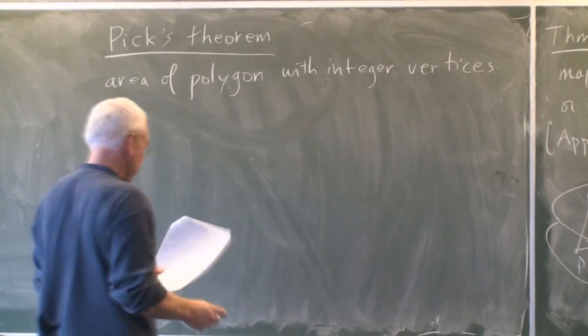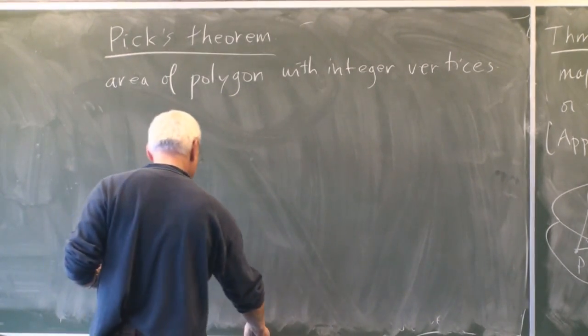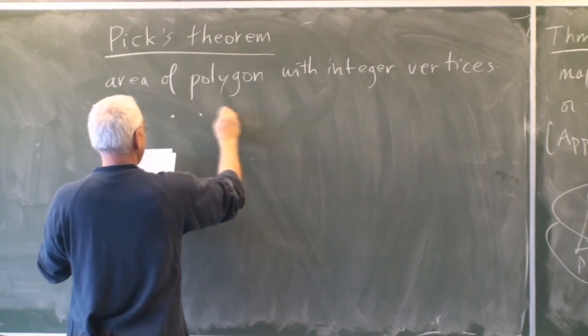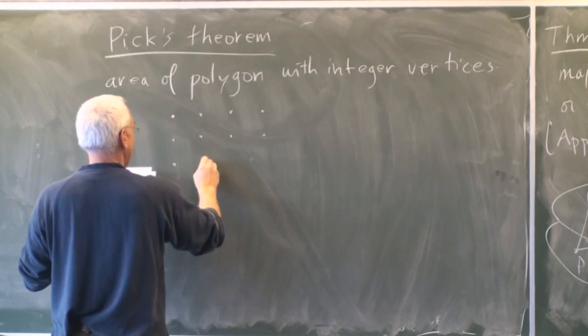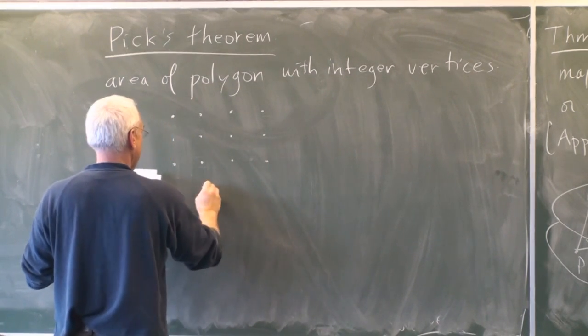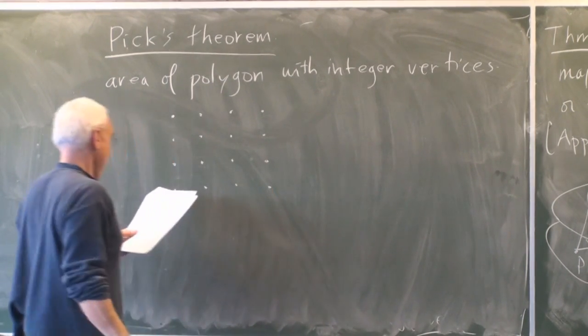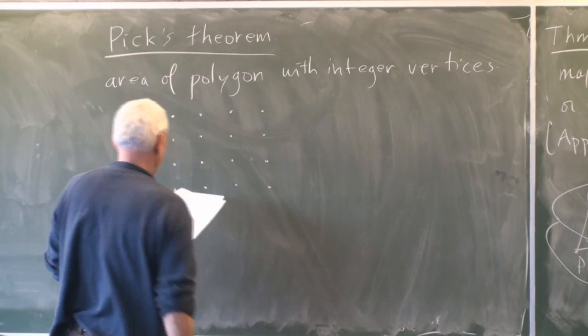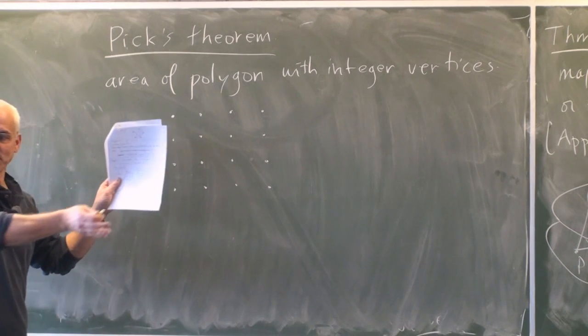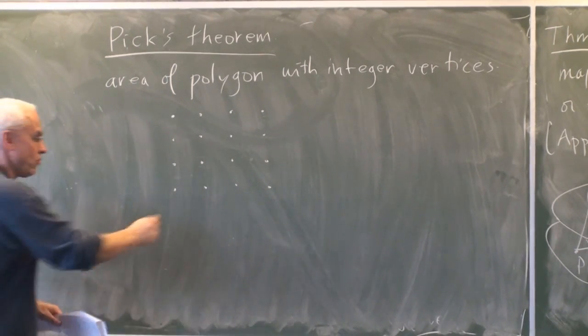So, for example, I have to create a little grid here. So let's create 1, 2. Okay, it's like the standard lattice in the plane. You can imagine they're each 1 unit apart.